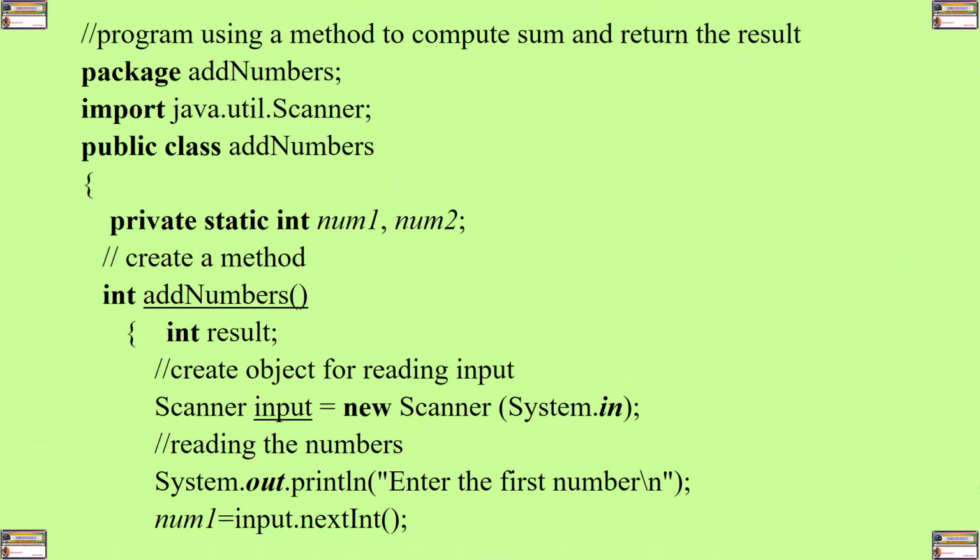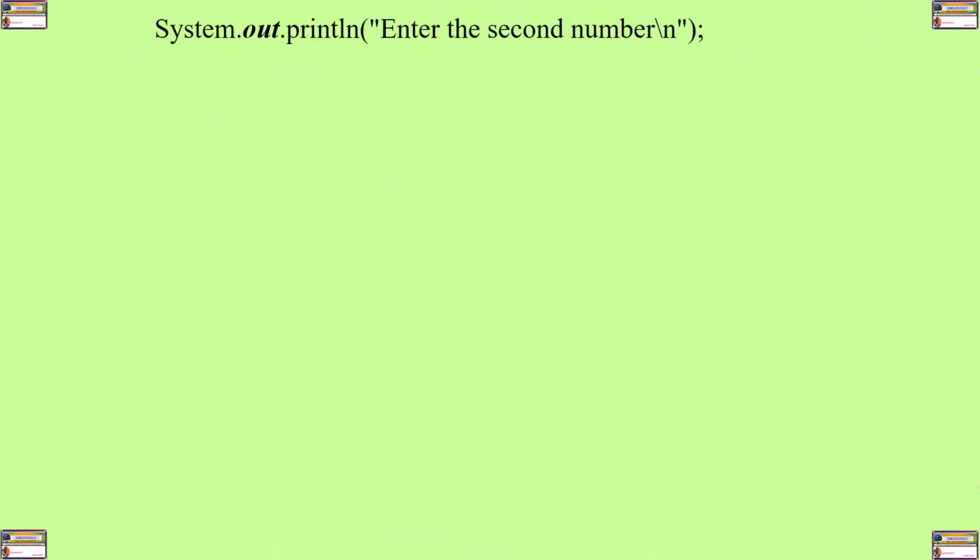It is read by the method called nextInt through the object called input, and the value which is typed is assigned or stored in the memory location called num1. From there, we prompt the user for the second number, and the value which the user will type is read through the method called nextInt under the object called input.